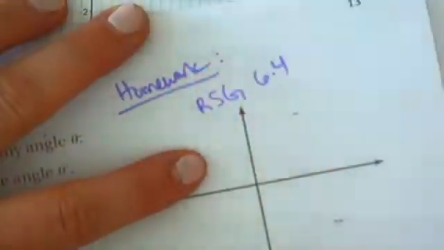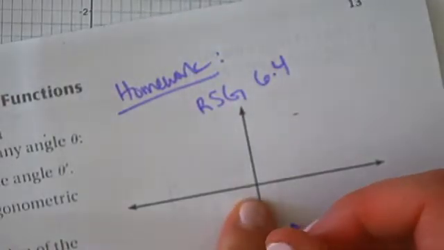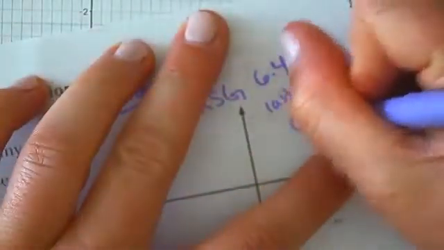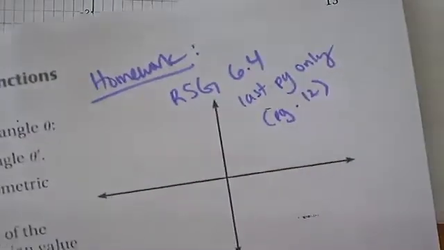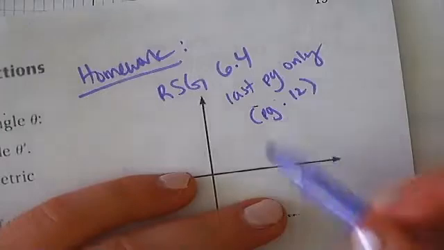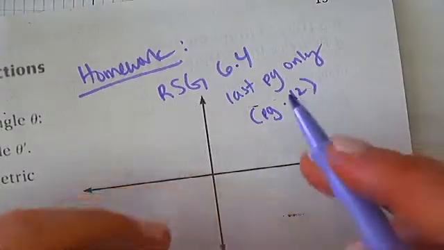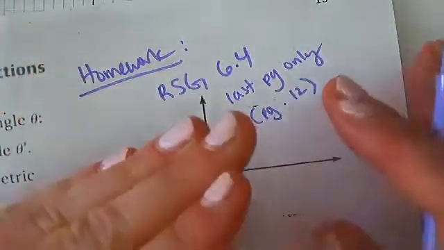Okay? So for your homework tonight, we are going to do RSG 6.4. And you're only going to do the last page. Last page only. So that's on page 12 of the RSG packet. You'll see numbers crossed off, so don't do the ones crossed off.